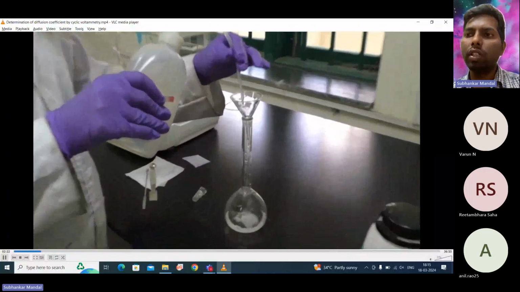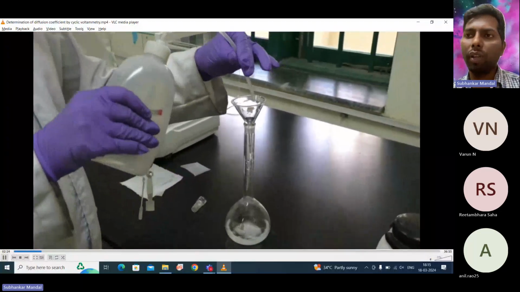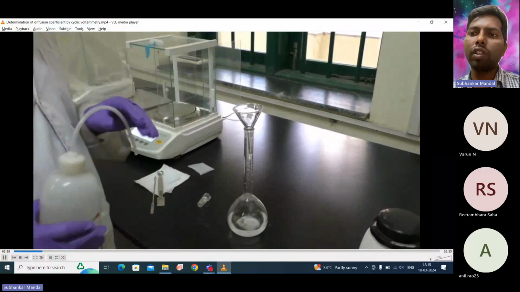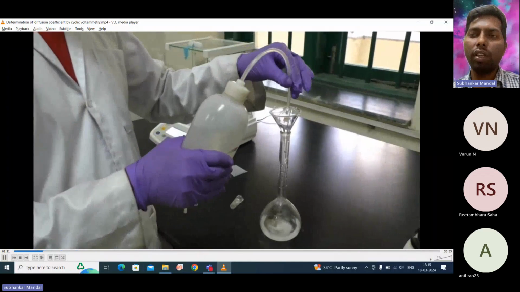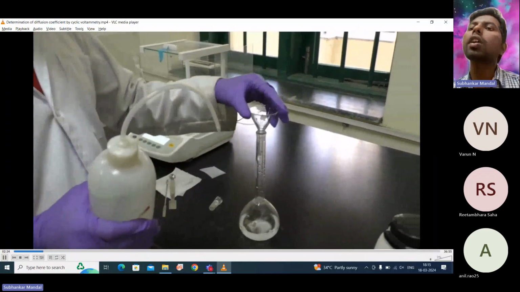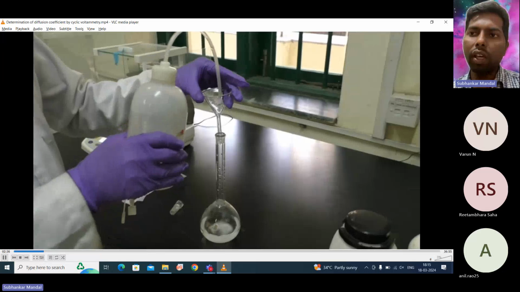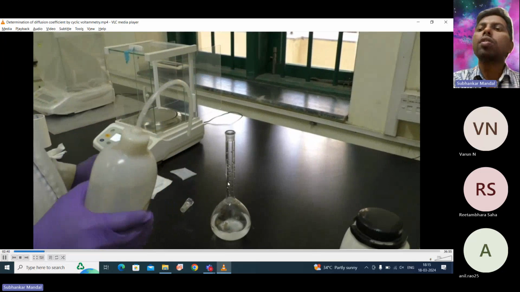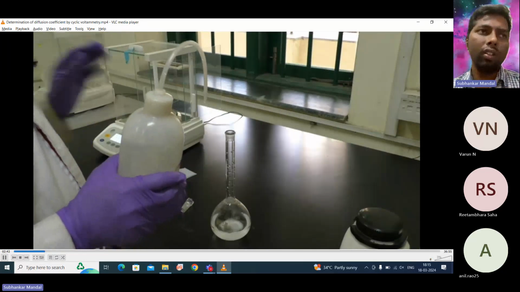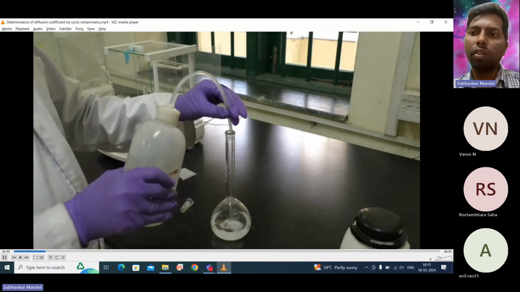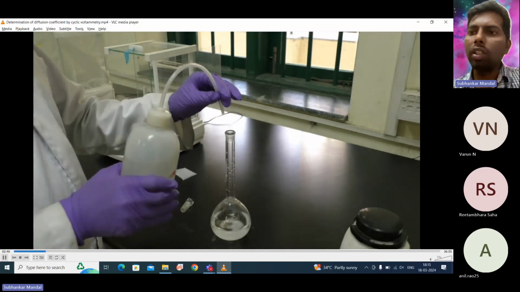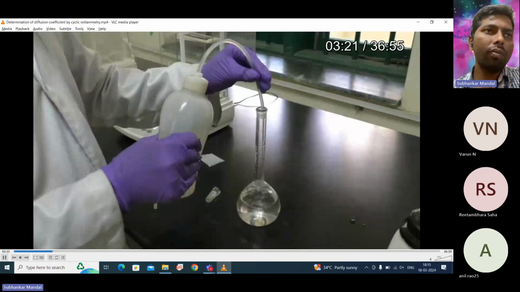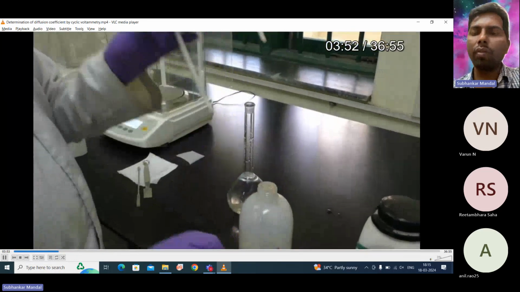This is one of the practical things: suppose you want to make 0.2 molar solution in 250 ml, then you take a 250 ml volumetric flask. There is a mark, so from here you can make the exact concentration. Then you can dissolve the electrolyte and make the solution up to 250 ml.